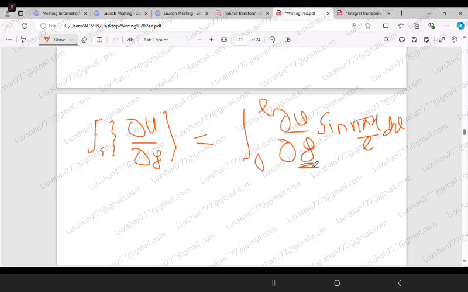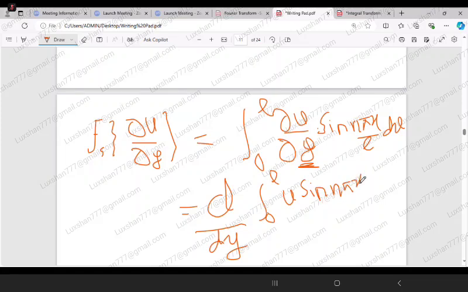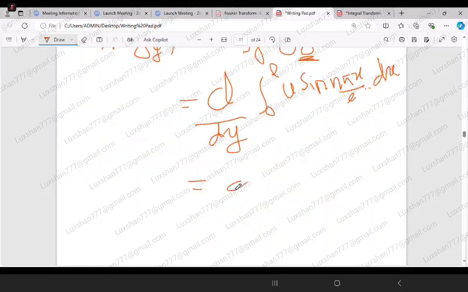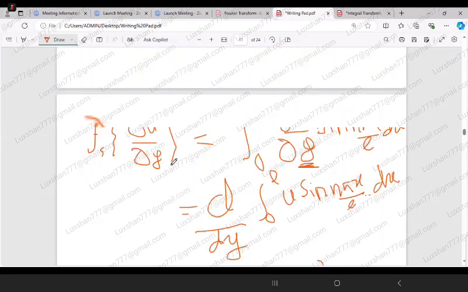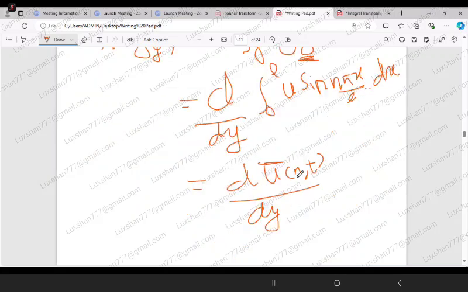But here it is with respect to y, no? Therefore, using the Leibniz theorem, what you can do is you can take this out. d over dy and integration 0 to L u into sine n pi x over L. Therefore, this is nothing but d u bar s n comma t over d t.